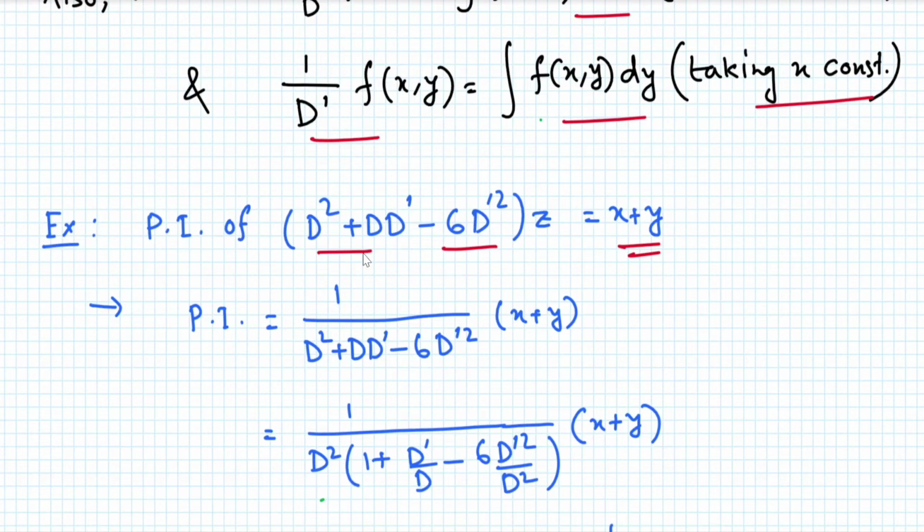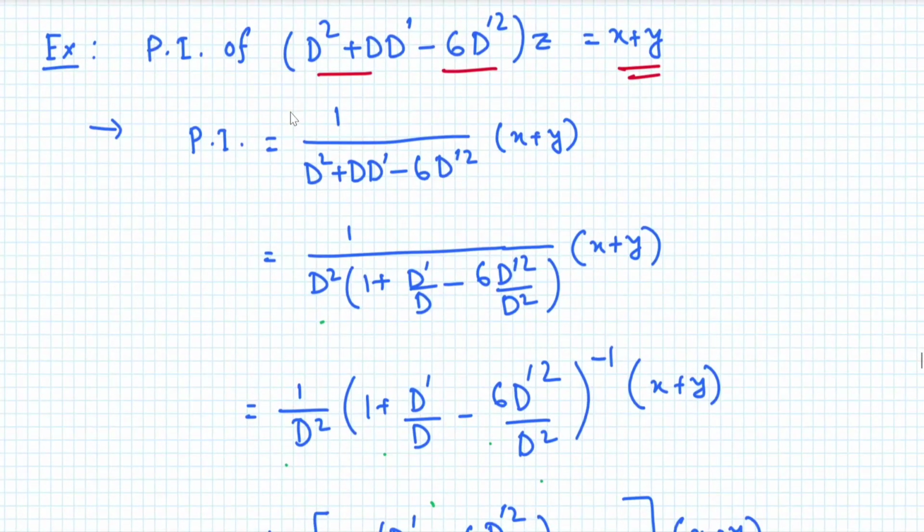So PI is equal to 1 by (D² + D' − 6D'²). Now if we take D² common, the remaining terms are functions of D'/D. So we expand this function, 1 plus this function, in terms of D'/D.